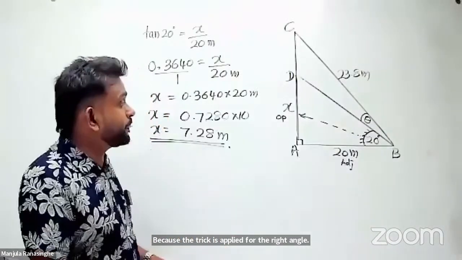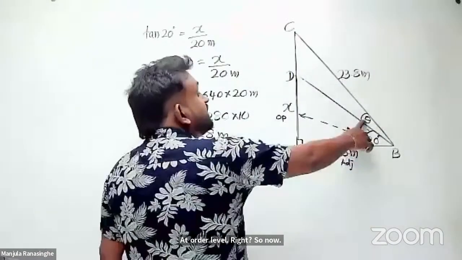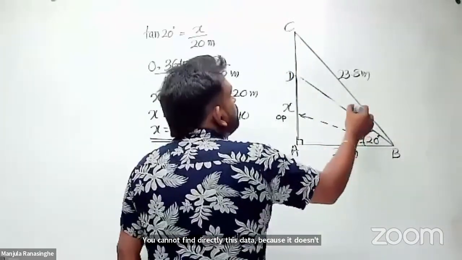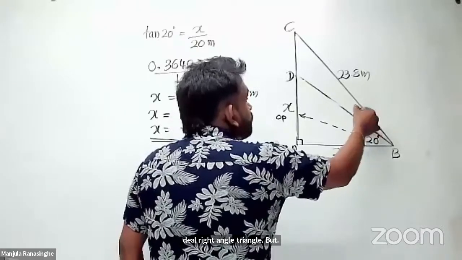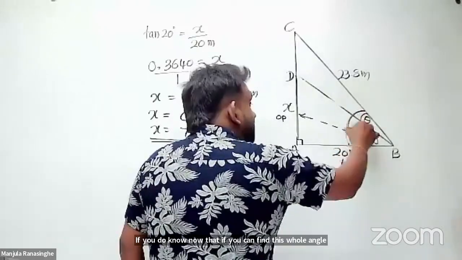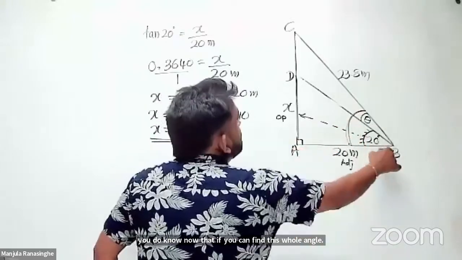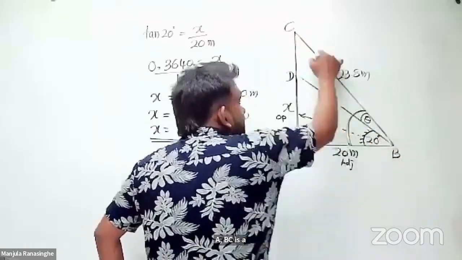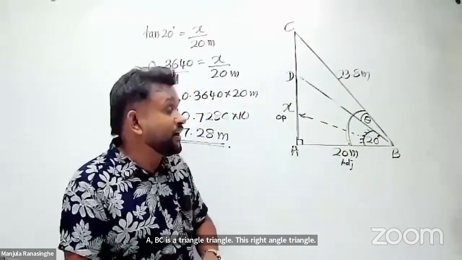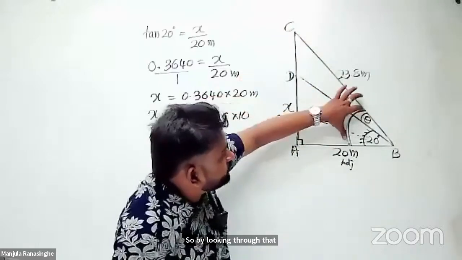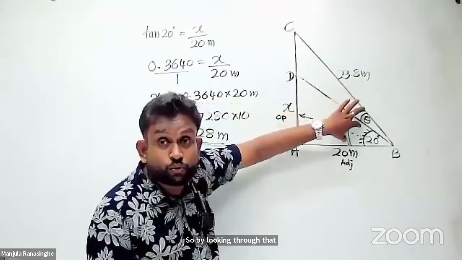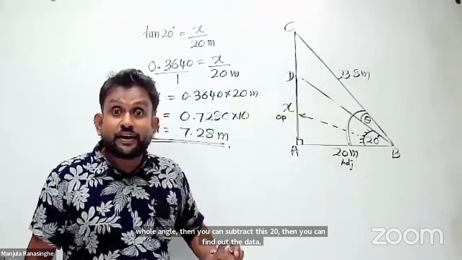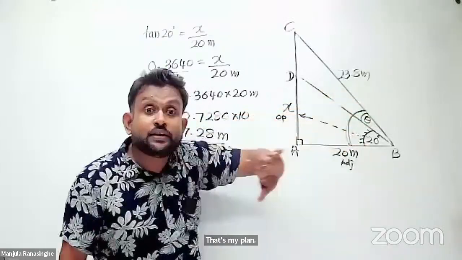So you cannot find this theta directly. But if you can find the whole angle ABC, which belongs to a right angle triangle, then you can subtract the 20 and find theta. That is my plan.